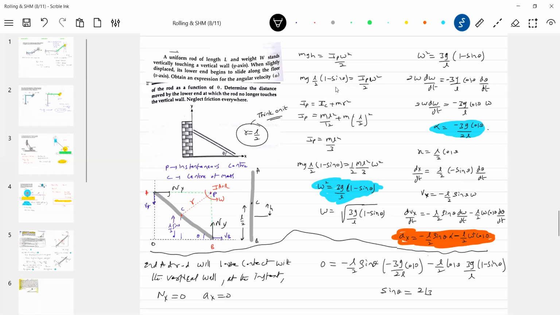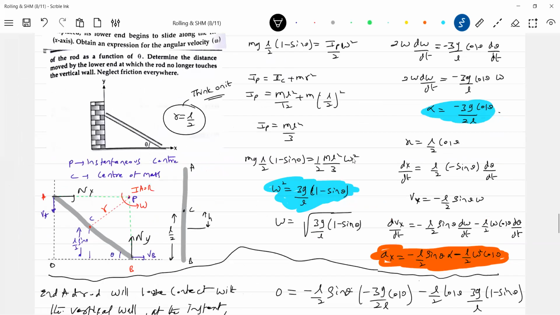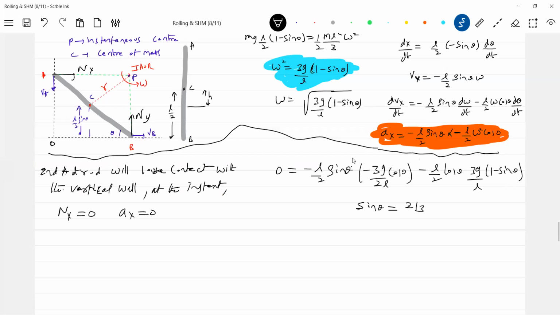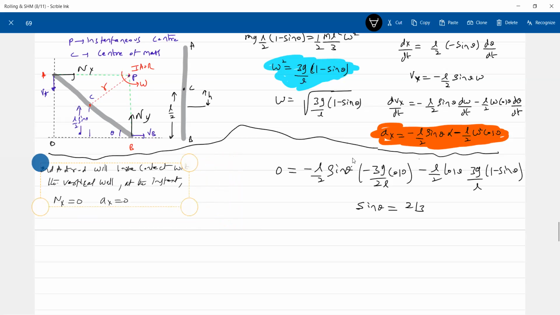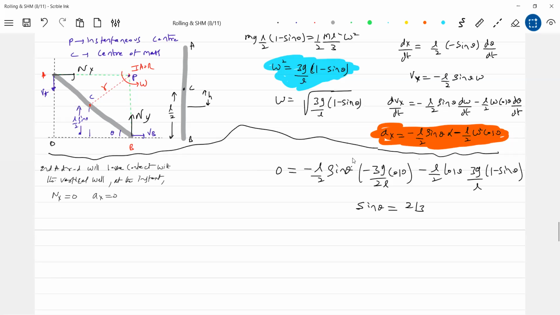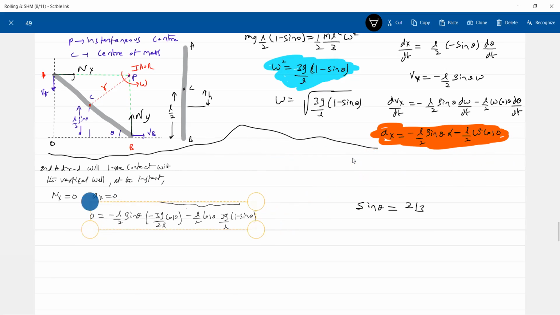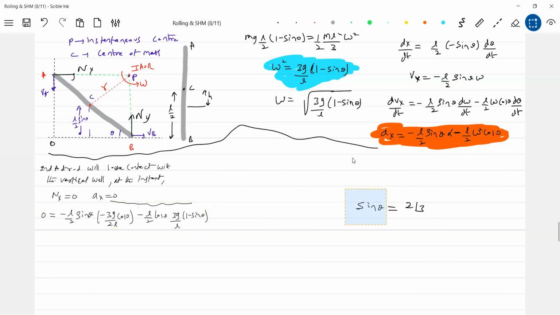OB should be equal to L cos theta, and we know sin theta. Sin theta we got it.